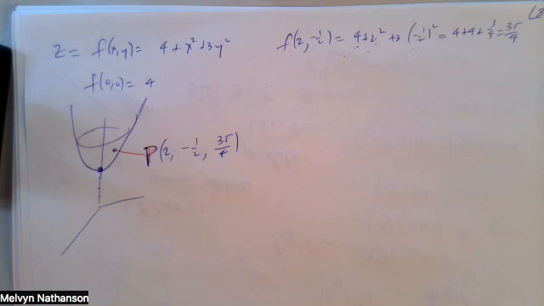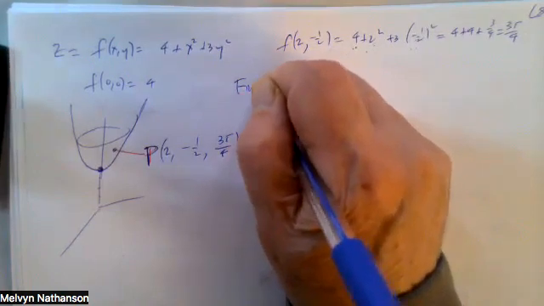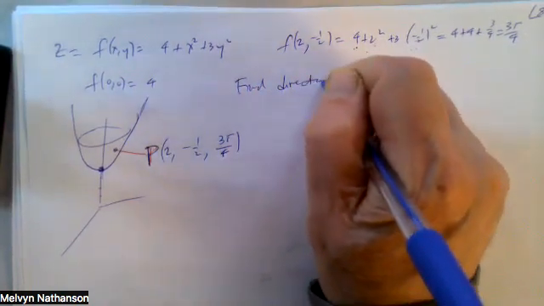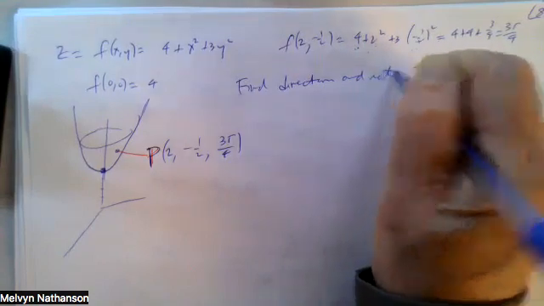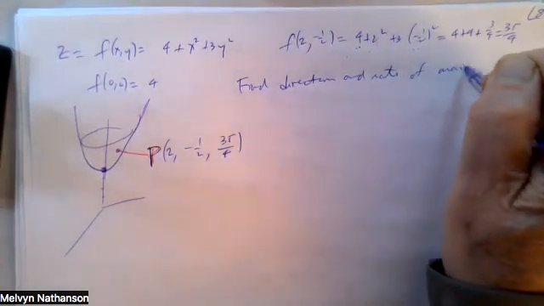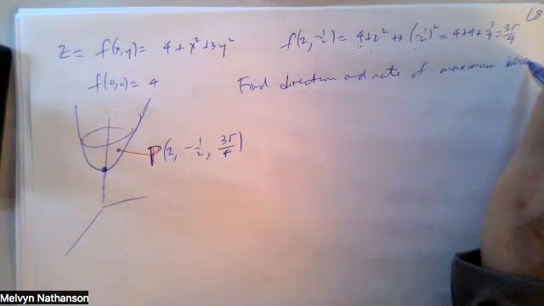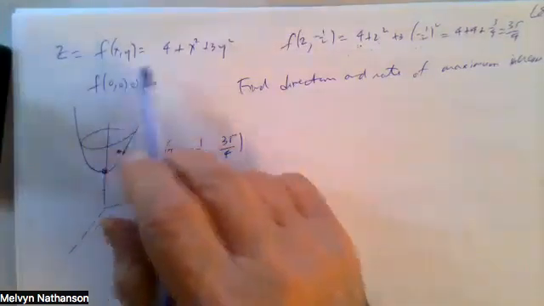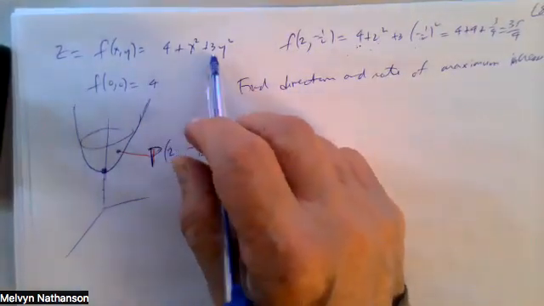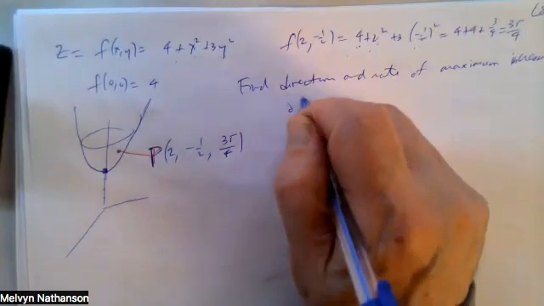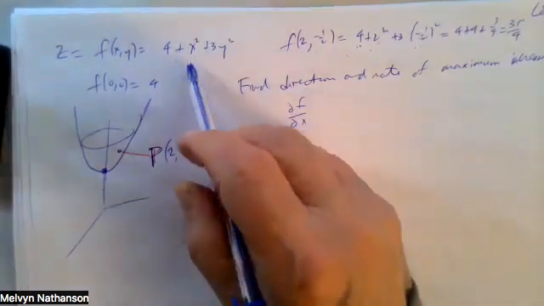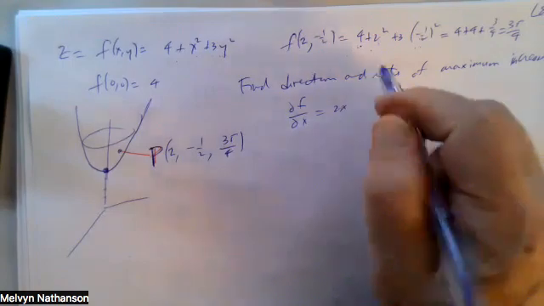And we want to know, in what direction do you have to move to go up on the surface as fast as possible? Find the direction and the rate of maximum increase. So if f of (x, y) is 4 plus x squared plus 3y squared, the partial derivative of f with respect to x is 2x.